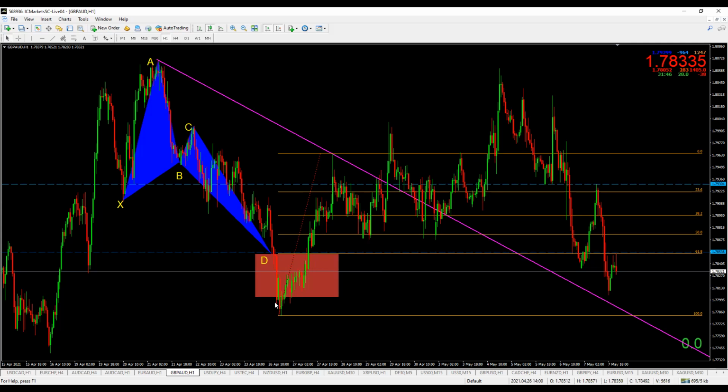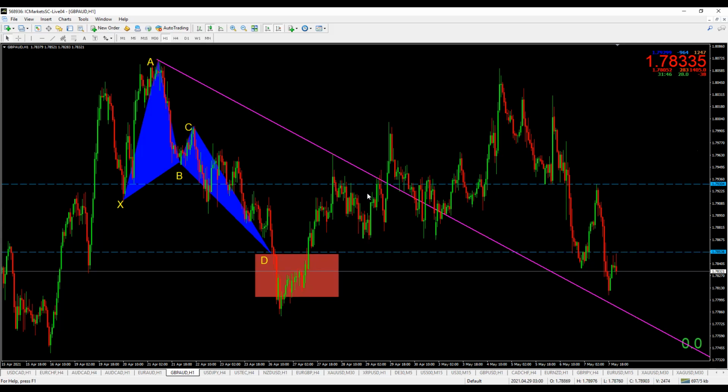So I would not have been looking to use the Fibonacci starting from here to there, because this is still on the inside of the trend line. I'll be looking instead to start at a point where the price had broken above the trend line.